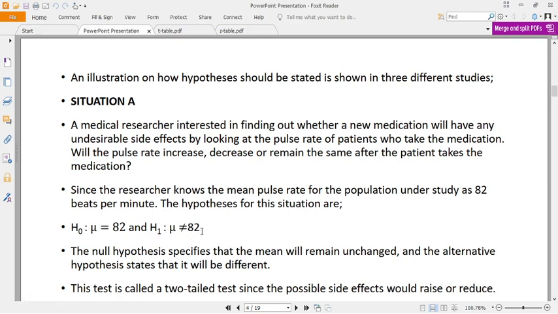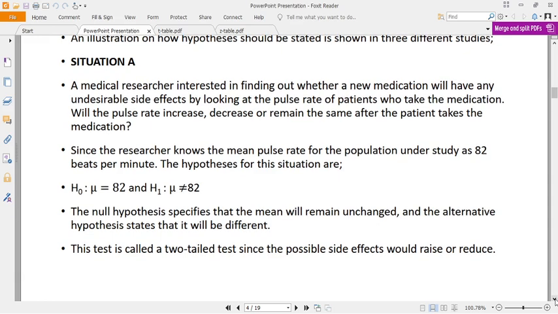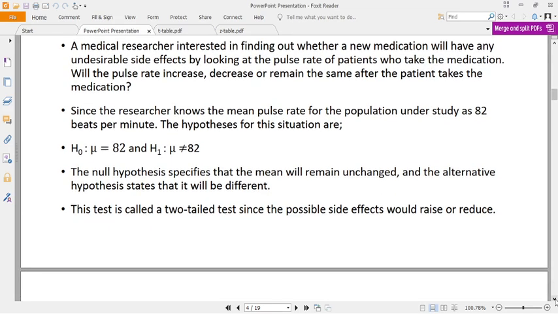It can either be less or higher than 82. So the null hypothesis specifies that the mean will remain unchanged, and the alternative hypothesis states that it will be different.